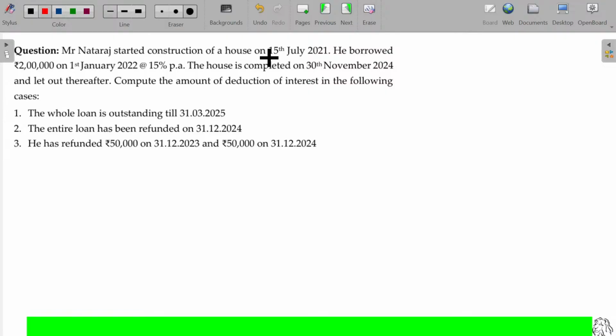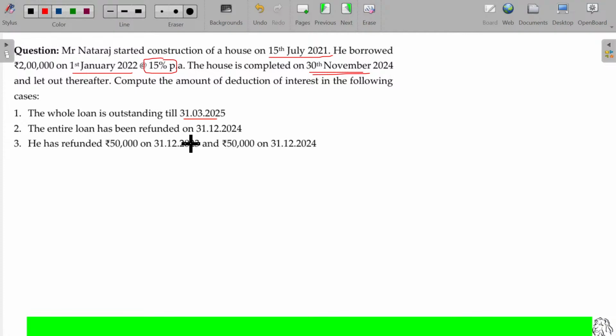So this is the commencement of construction, and this is the date of borrowing. The rate of interest being 15% per annum. The house was completed on 30th November 2024 and let out thereafter, immediately after completion of the construction. Compute the amount of deductions of interest in the following cases. The whole loan is outstanding till 31st March 2025.